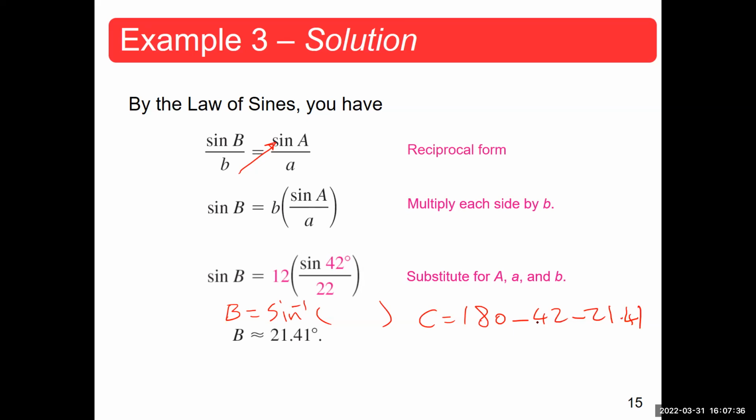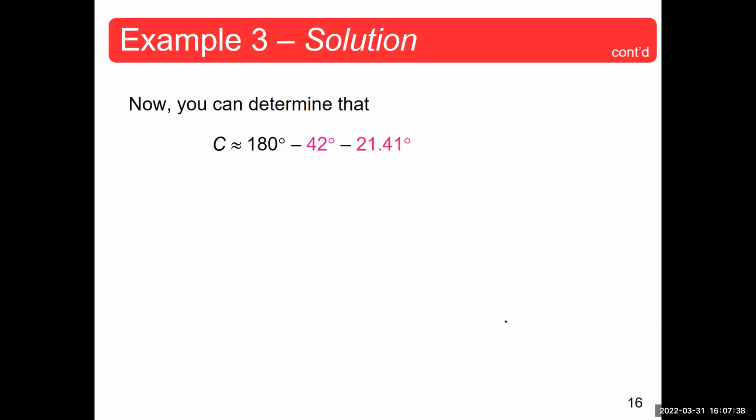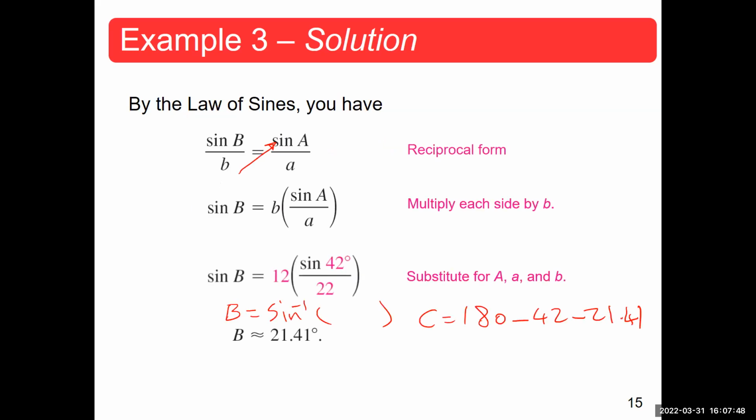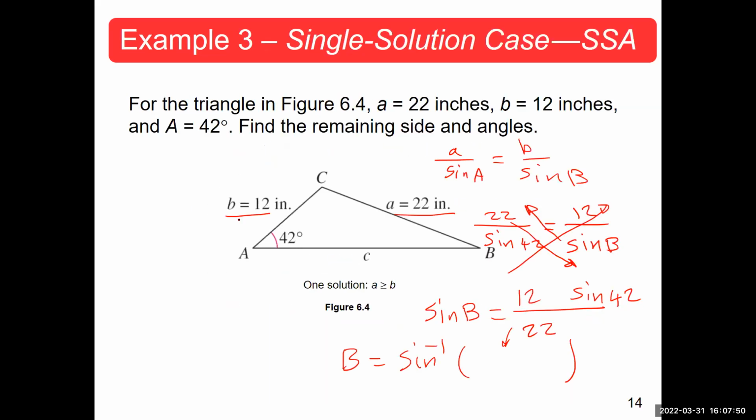If we did this calculation, C is equal to 116. So this is 116, B 21.4.